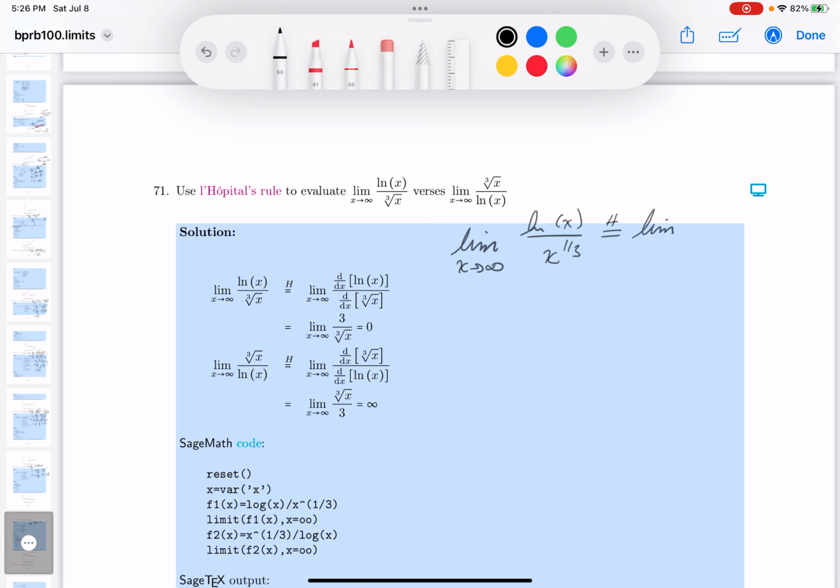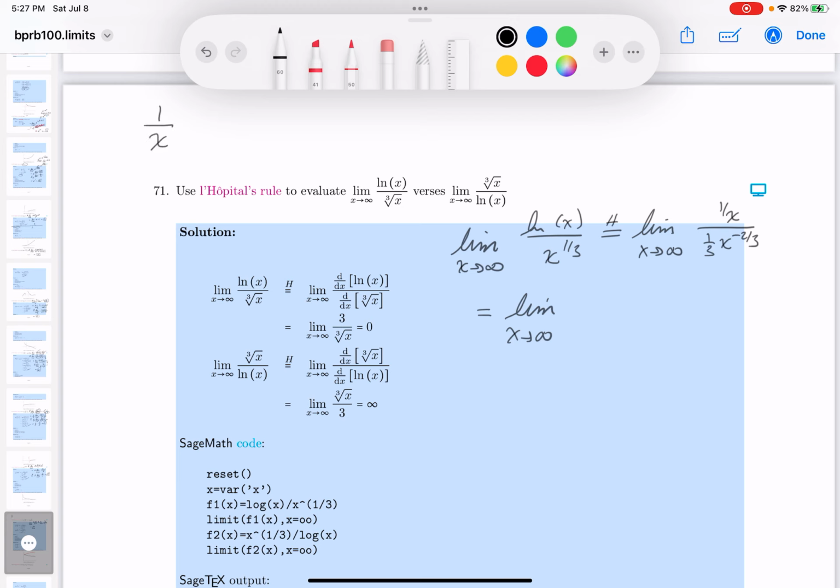Limit as x goes towards infinity. The derivative at the top is 1 over x. The derivative at the bottom is going to be what? 1/3 x to the minus 2/3. Now, let me write this over here again. Limit as x goes towards infinity. Let's take a look at that. So I'll write this over here, kind of carefully too.